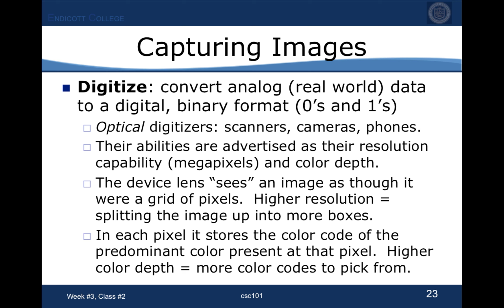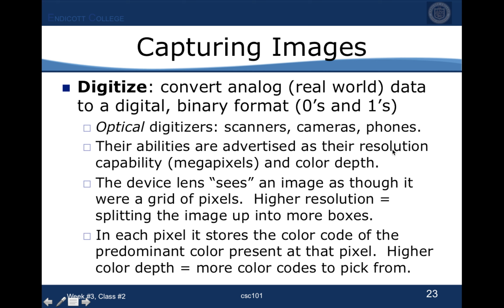And as we mentioned at the beginning of the video, right, these devices are advertised in how good are they at capturing images, and that's measured in, again, the two factors. And if you go and look, if you're in the market for a digital camera or even a new cell phone, it's going to tell you both of these things as part of the specifications.